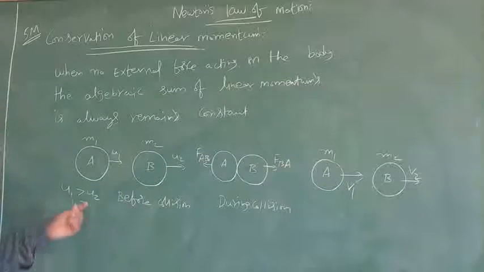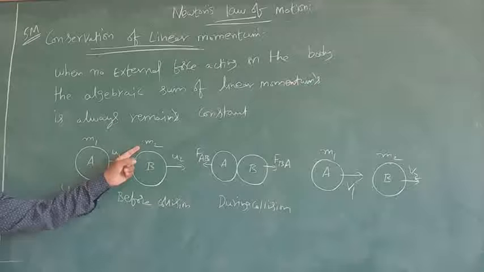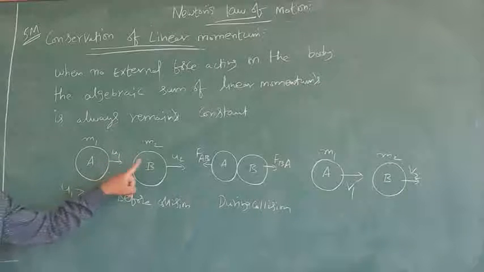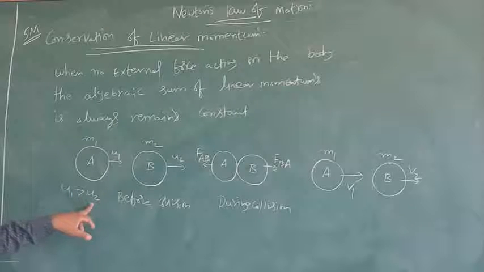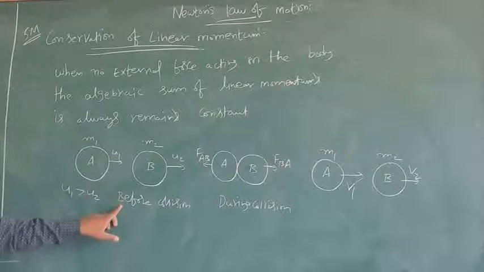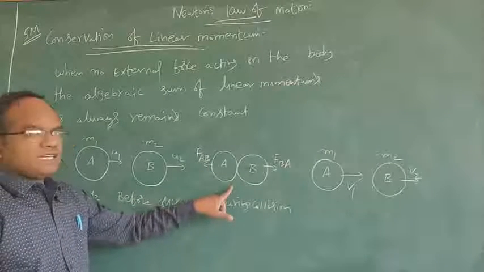So here, consider bodies of masses m1, m2 moving with initial velocities u1 and u2. u1 is greater than u2, so this is before collision. When u1 is greater than u2, what happens? It collides at some point.